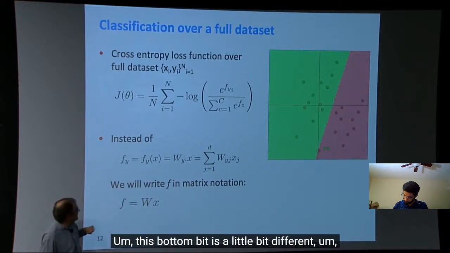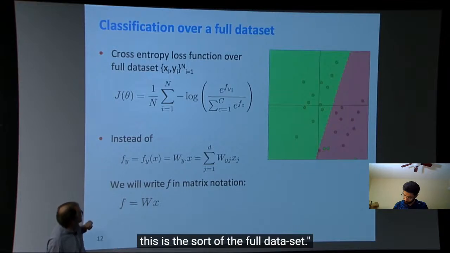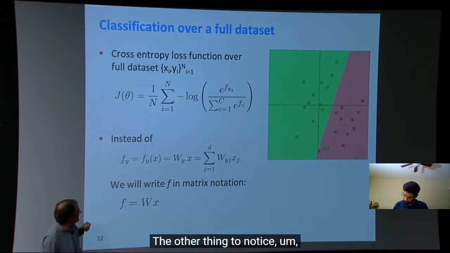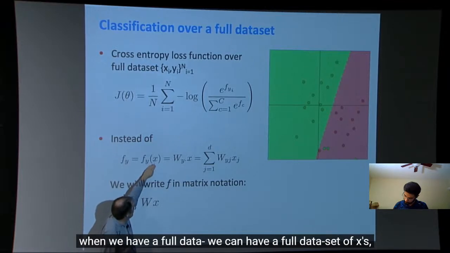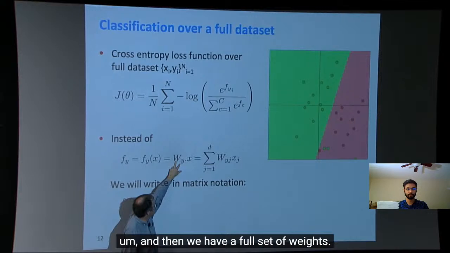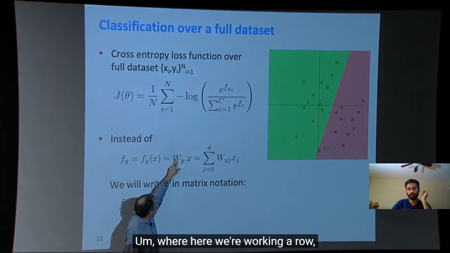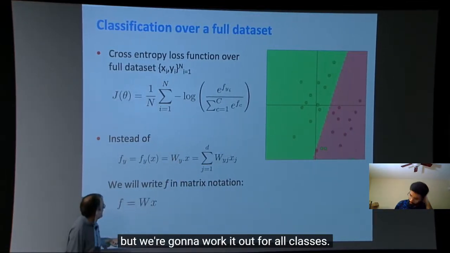This bottom bit's a little bit different, which is to say, now this is the full data set. The other thing to notice is that we can have a full data set of x's, and then we have a full set of weights, where here we're working with a row vector for the weights for one class, but we're going to work it out for all classes.